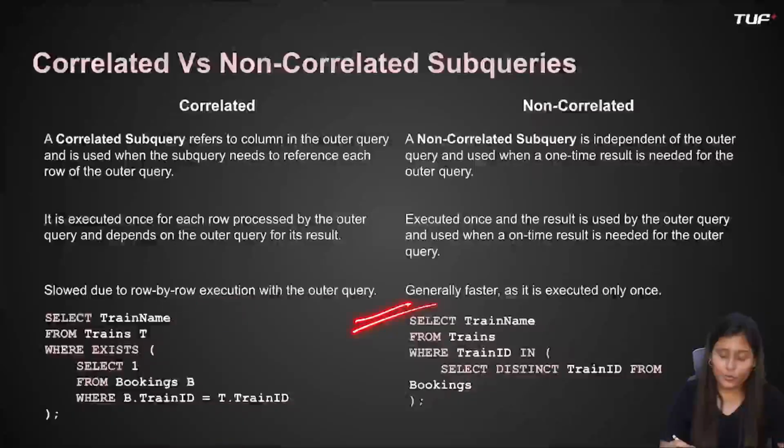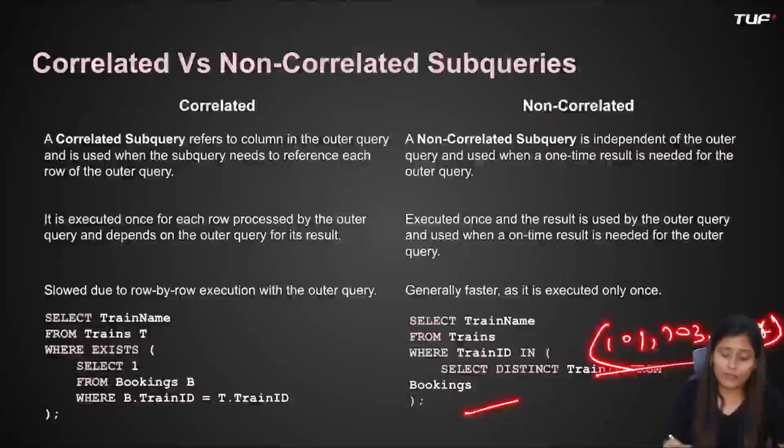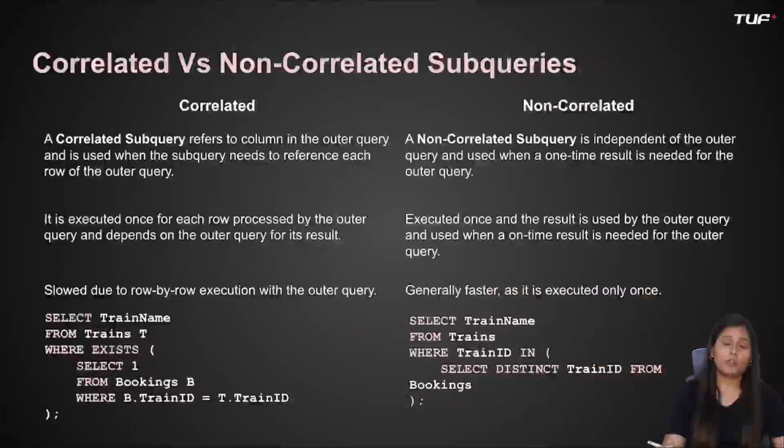But in the non-correlated case, the inner subquery runs once and gives you the list of results, 101, 103, 104, right? And whenever the outer query wants, it can use it for the filtering purpose. That is the main difference between correlated and non-correlated subqueries.